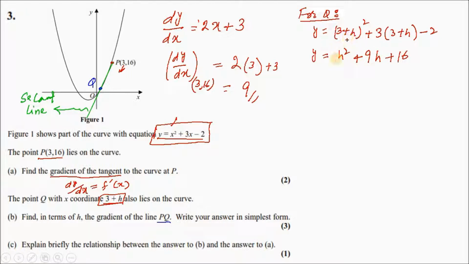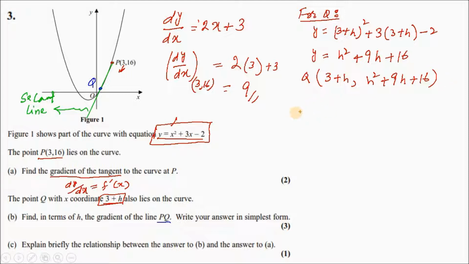So this is the y coordinate of point Q. For your understanding, I'm writing that Q can be written as (3 plus h, h squared plus 9h plus 16).